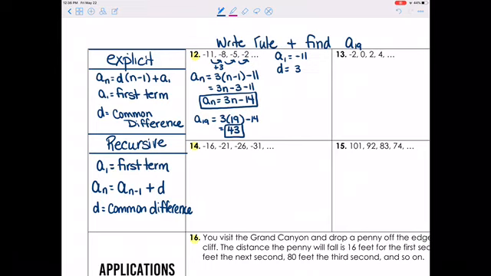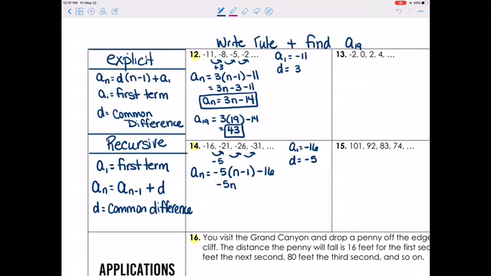All right, example 16. Our first term is negative 16. Looking through our sequence, I notice that it is decreasing by 5 each time. So to find our equation, we take the common difference times n minus 1 plus the first term. Distribute.